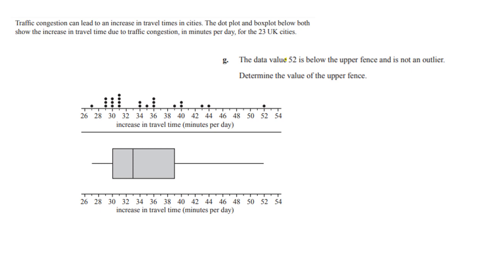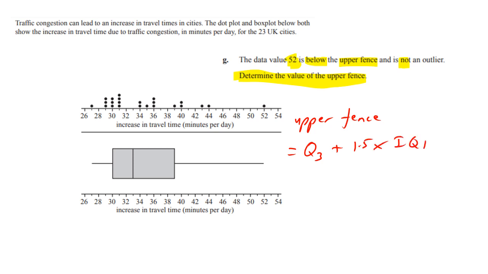Okay, the data value of 52, it says, is below the upper fence and is not an outlier. And basically the question is to determine the value of the upper fence. So that first part is just trying to tell you that if you get an upper fence calculation that is below 52, then you've done something wrong. Now, upper fence equals Q3 plus 1.5 times IQR.